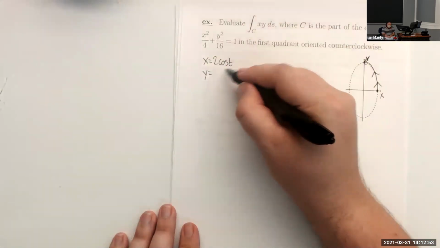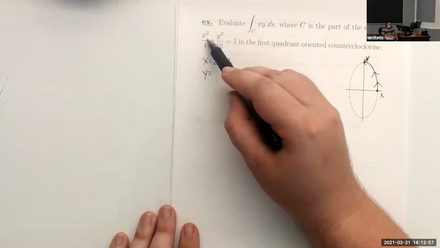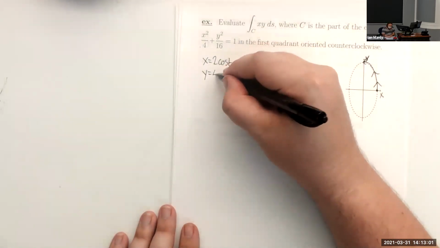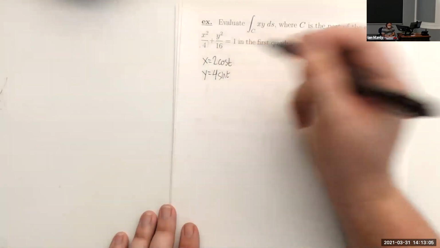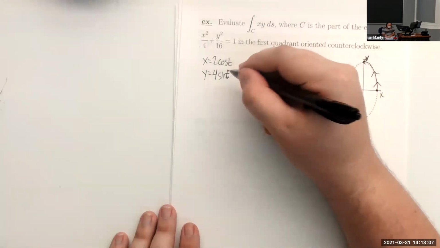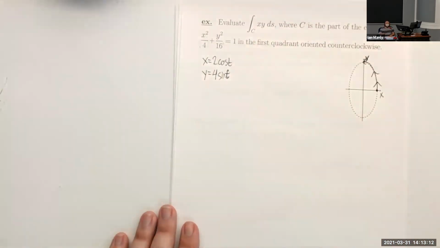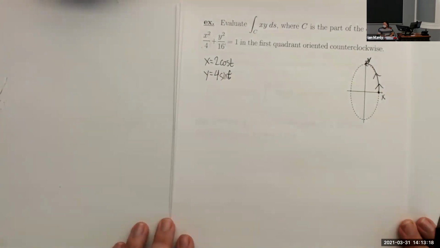So for x, we traditionally use cosine, and we use the square root of this number right here. Following that reasoning, we're going to use sine for y, and we're going to have the square root of this number, which will be 4. And you can see that these parameterizations will work out if you substitute these in here, because you'll just end up with the Pythagorean identity. Sine squared plus cosine squared is 1. That's how we know those are going to be right.